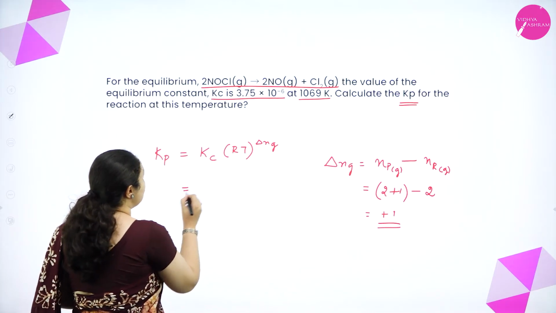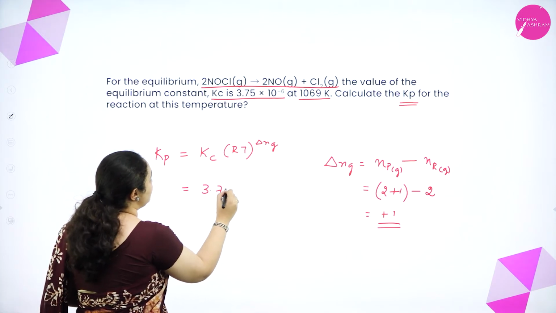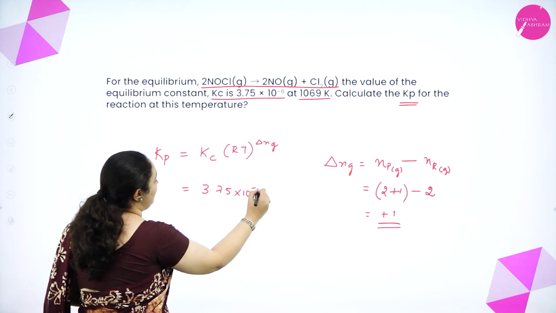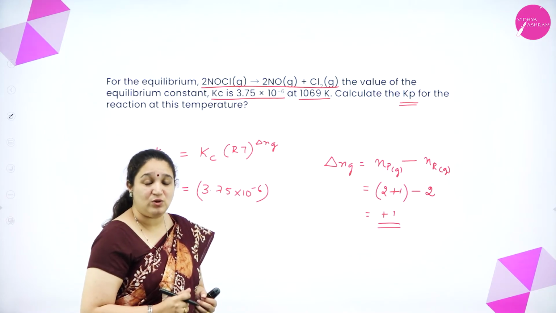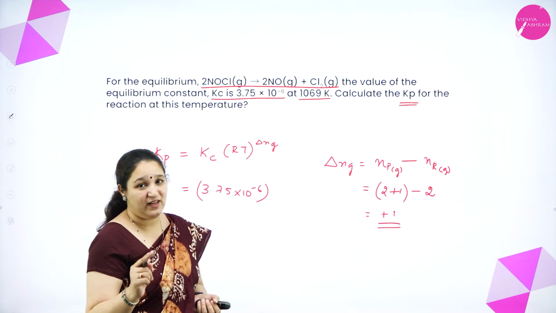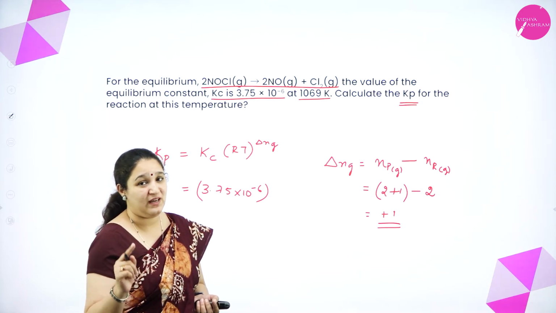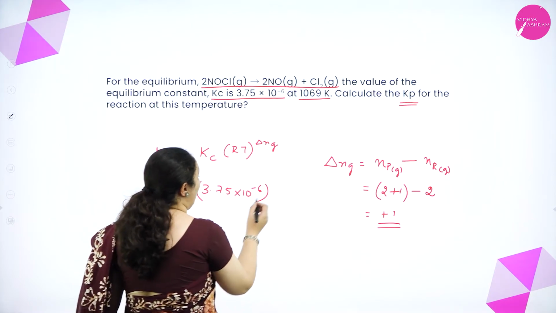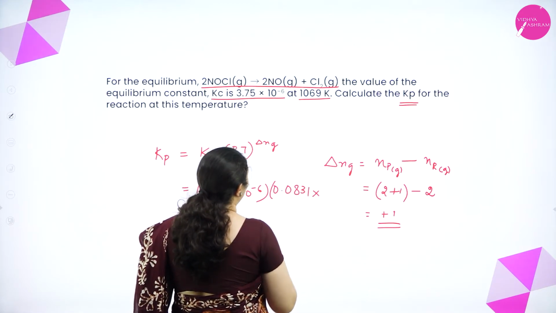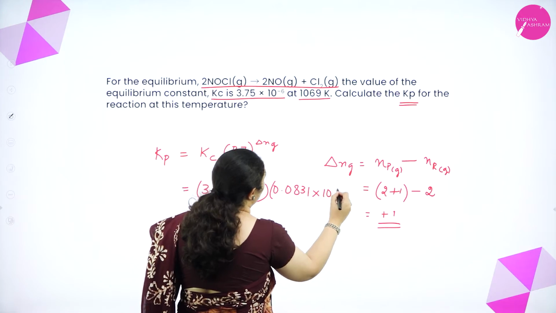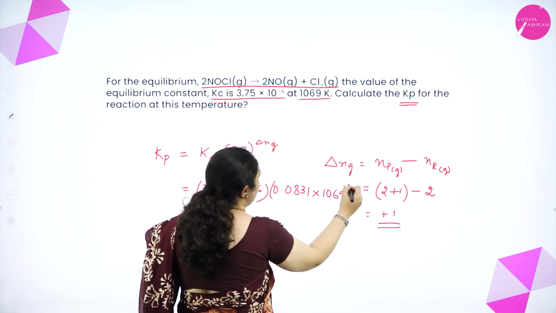Now what is Kc value? 3.75 into 10 to the power minus 6. Correct? What is R value? It is 0.0831 liter bar per Kelvin per mole. So R value is 0.0831, into temperature is 1069. And what is delta Ng?